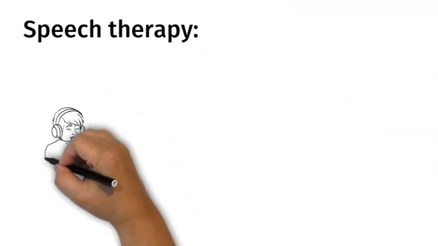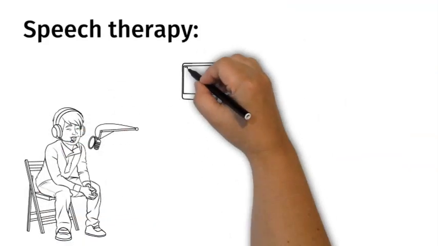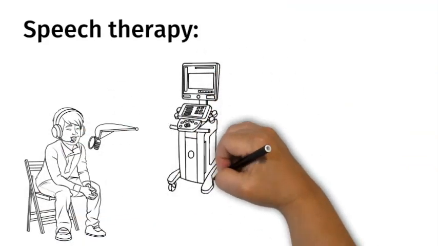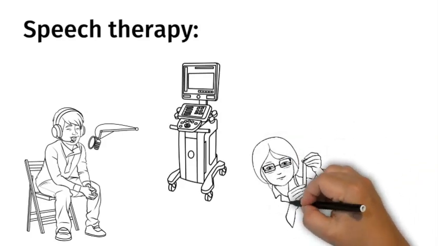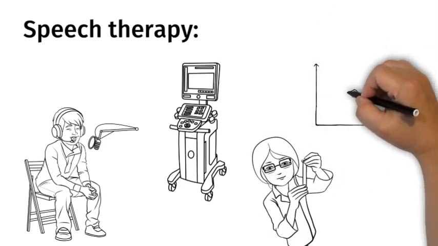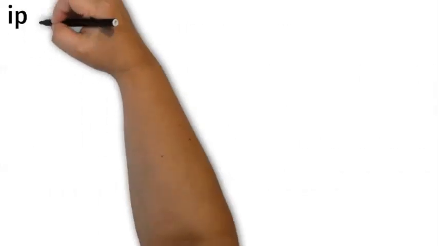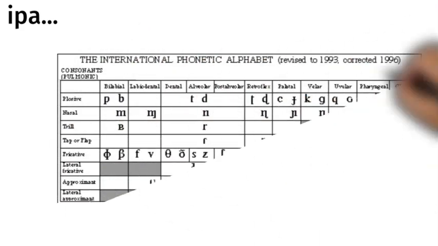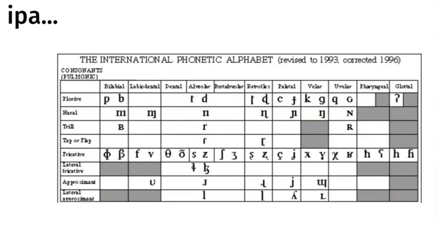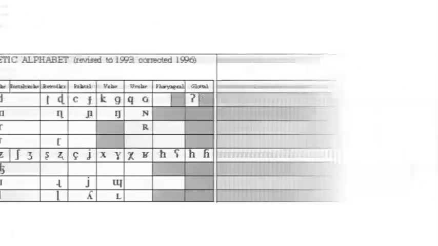In speech therapy, phonetic transcription is vital for diagnosing and treating speech disorders, allowing therapists to identify issues and monitor progress effectively. The IPA is the most widely used phonetic notation system, offering symbols for every possible speech sound in human languages.